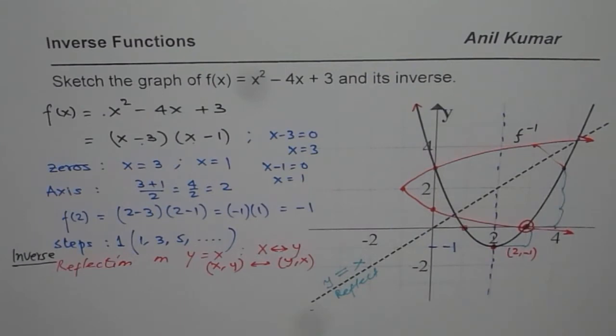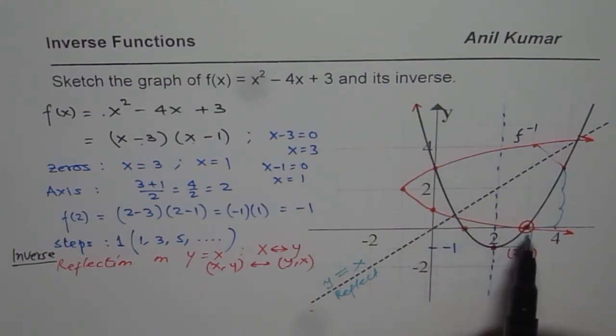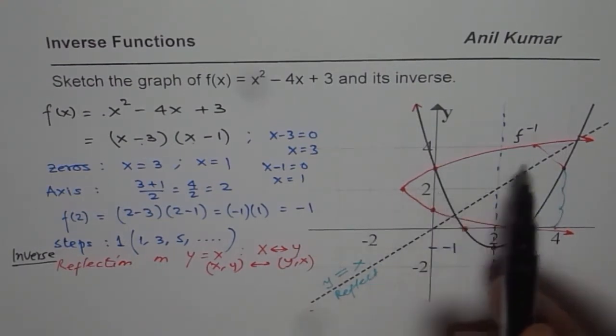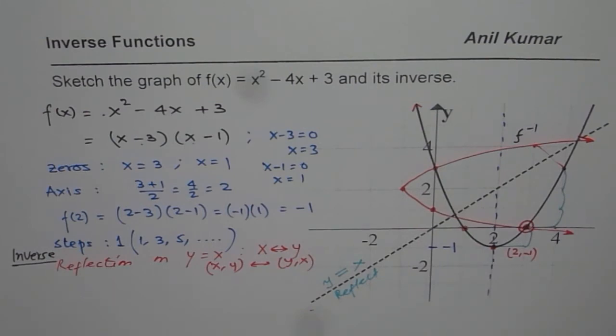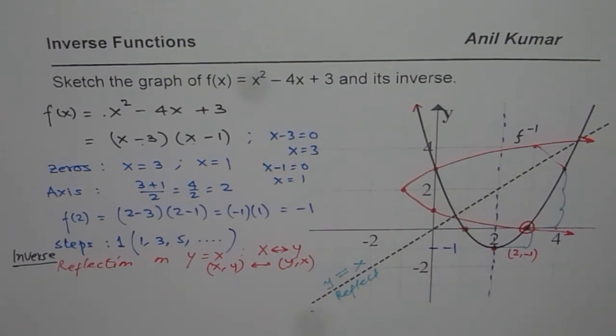That is how, even without writing the equation, we can find the inverse from the graph itself. What we did was take the coordinate points on the parabola and flip them. I hope the steps are very clear to you and they help you understand the concept.